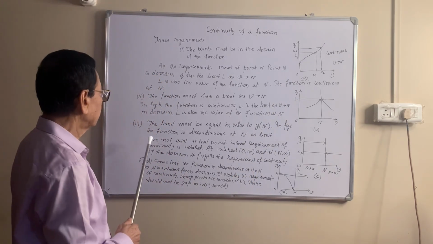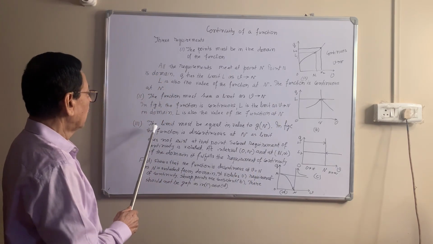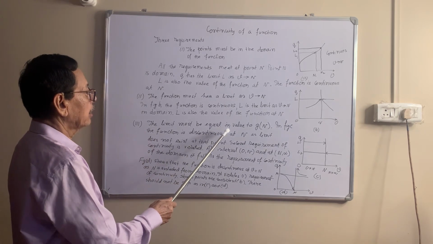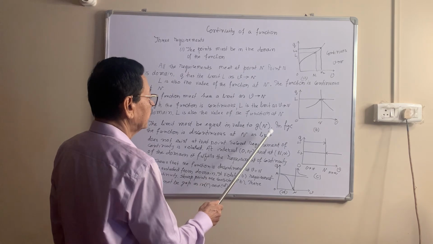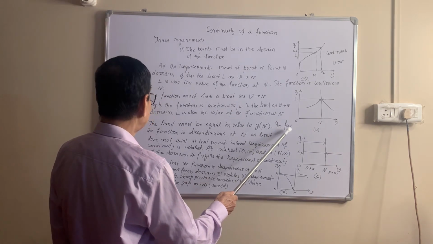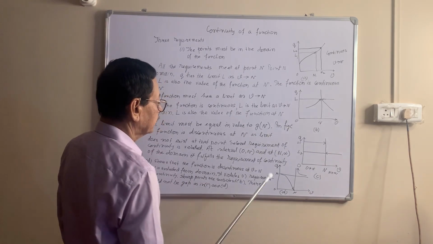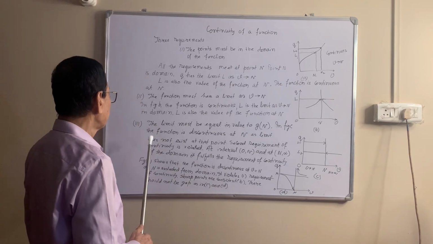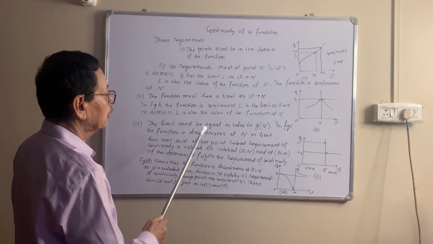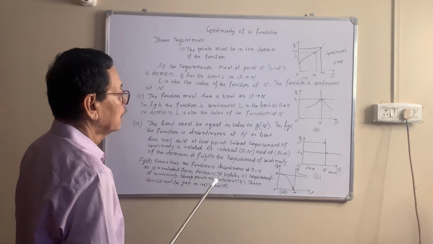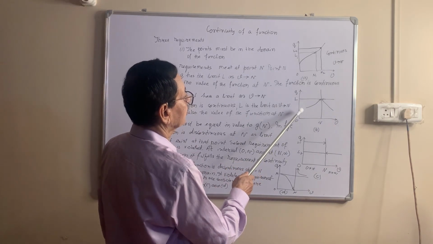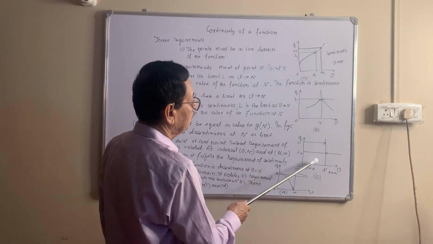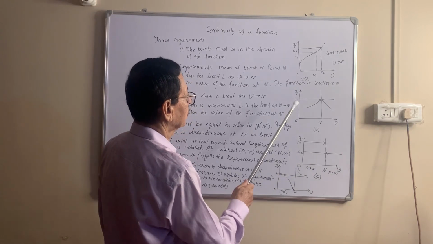Then number three, the limit must be equal in value to the function at N. So in figure C, the third picture, the function is discontinuous. You see, earlier it was continuous, and this time it is discontinuous.